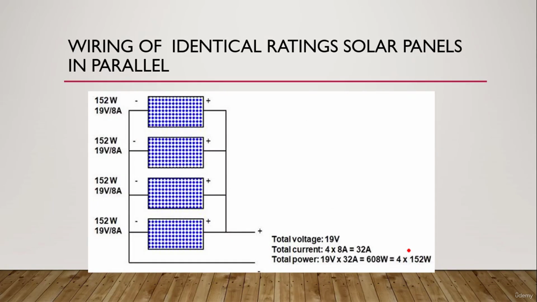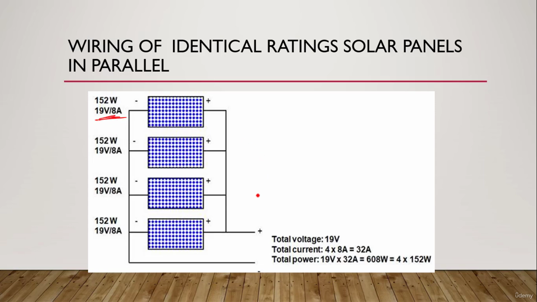Let's take an example of paralleling. The first example is if you have PV panels connected in parallel, like these 4 PV panels. Each PV panel has a power of 152 watt, 19 volt and 8 ampere.